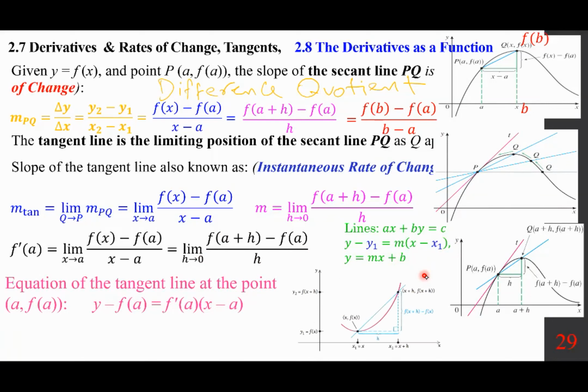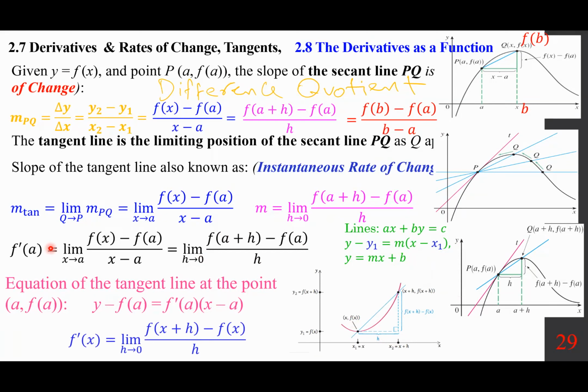And another way of approaching this is if this is x and this distance is h or delta x, and now when we look at this one, it's specifically at a, but instead of this a, if we use x, it gives us the definition for f prime of x, which is the limit of f of x plus h minus f of x over h as h approaches 0.